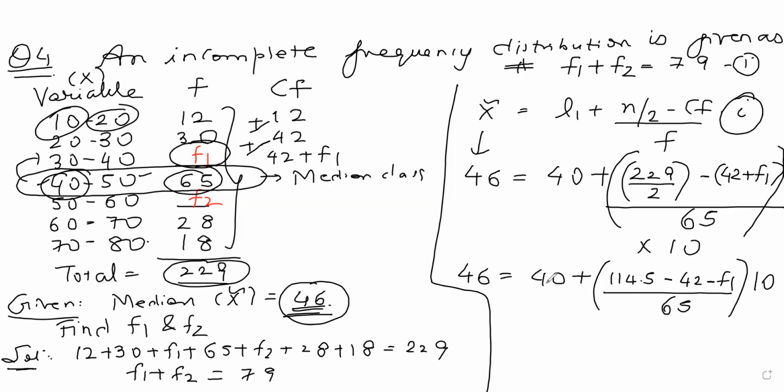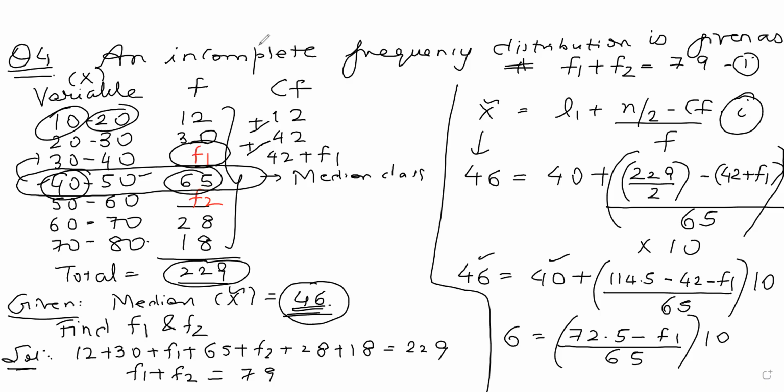Now again, students can use their calculators. 46 minus 40 is 6, times 65 on the other side. How much is 114.5 minus 42? 114.5 minus 42 is 72.5 minus F1 or 65 whole times 10.